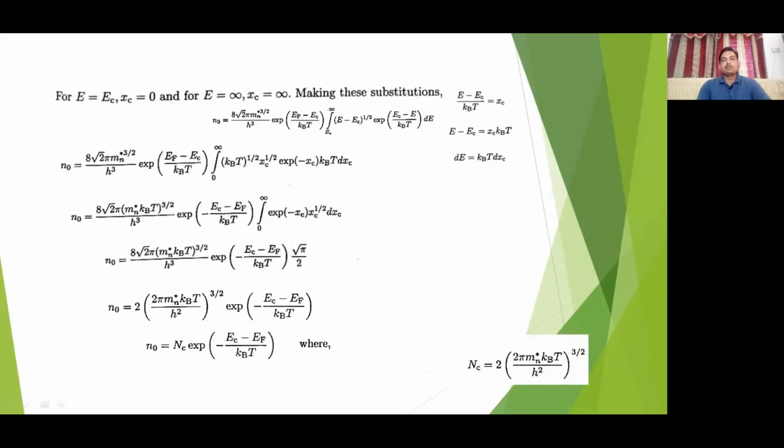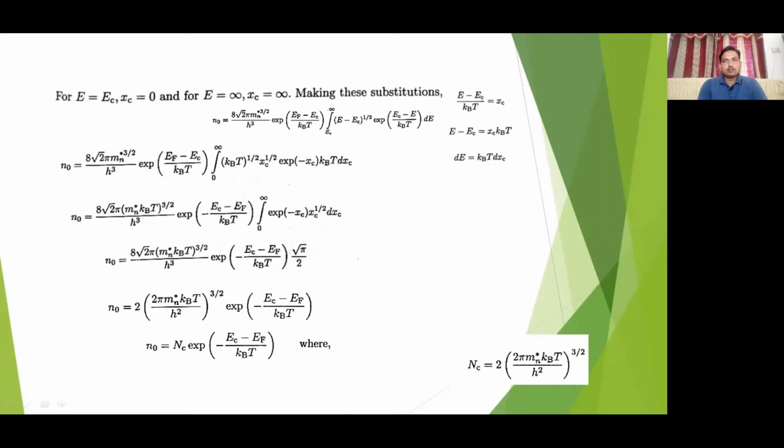So, this was your original equation, and these are from the substitution. For N naught, you put in all these values.